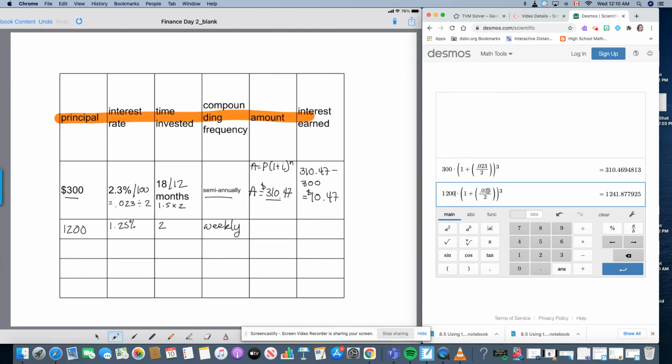All right, so we have the 1200, that's our principal. This 1.25, we're going to divide by 100, so that's going to equal 0.0125, and that goes right over here. We know this is compounded weekly, so that is going to be 52. There are 52 weeks in a year, and that's why it's weekly.